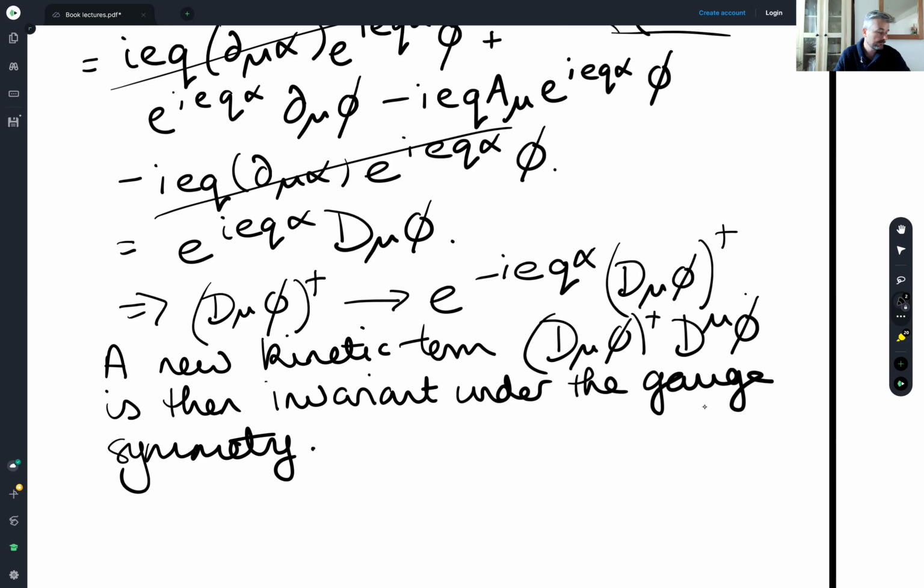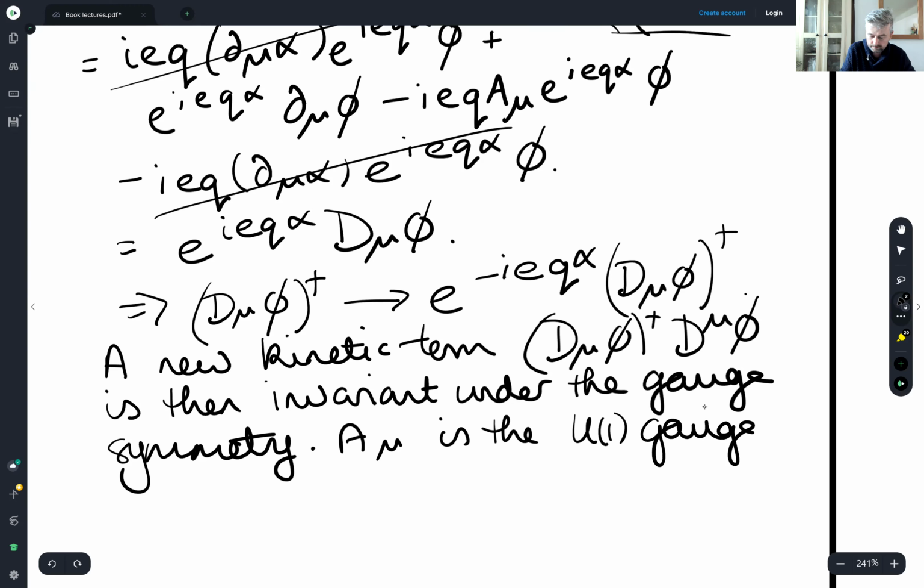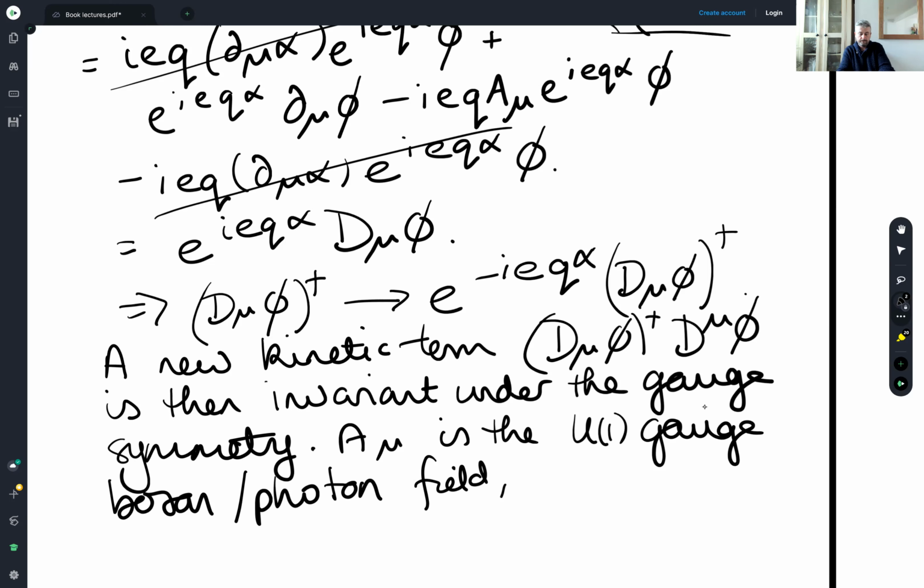So this new field that we've had to necessarily introduce is the photon field, or a spin 1 massless gauge boson. So if we make this U(1) electromagnetism, then it's actually the photon. In fact, we're going to need this to be a propagating field because we want to model electromagnetism, so it needs its own kinetic terms.